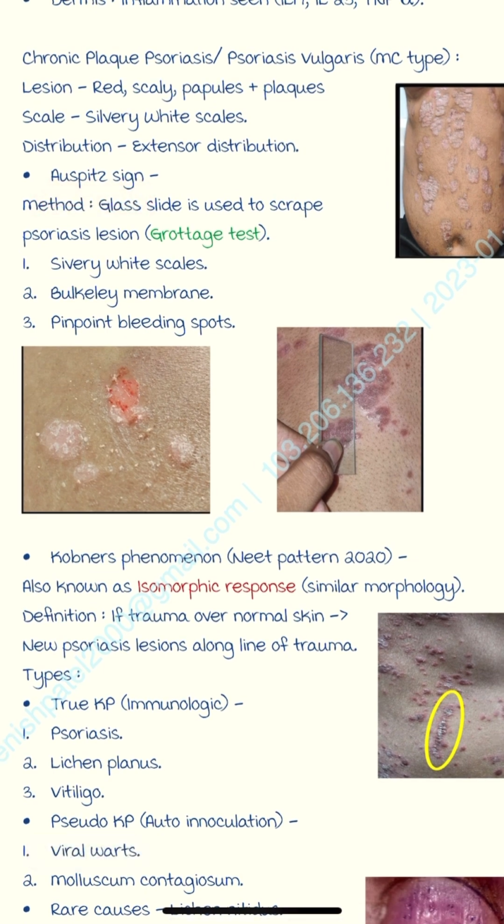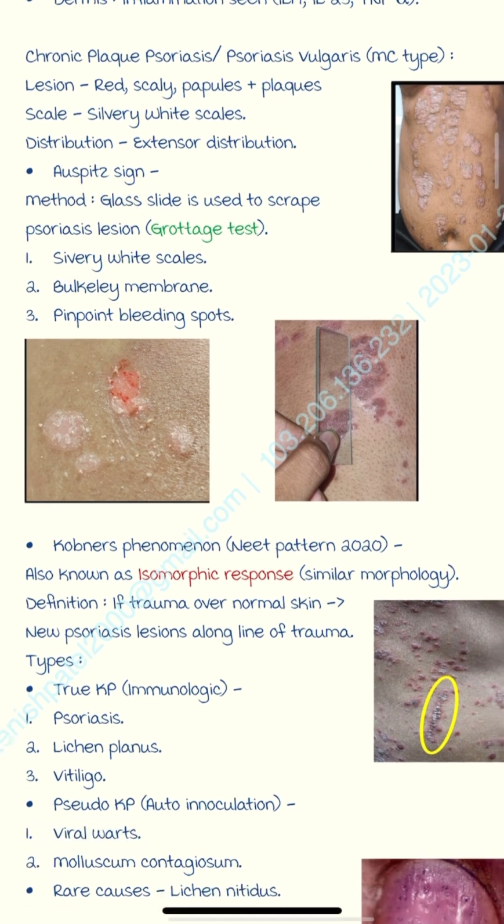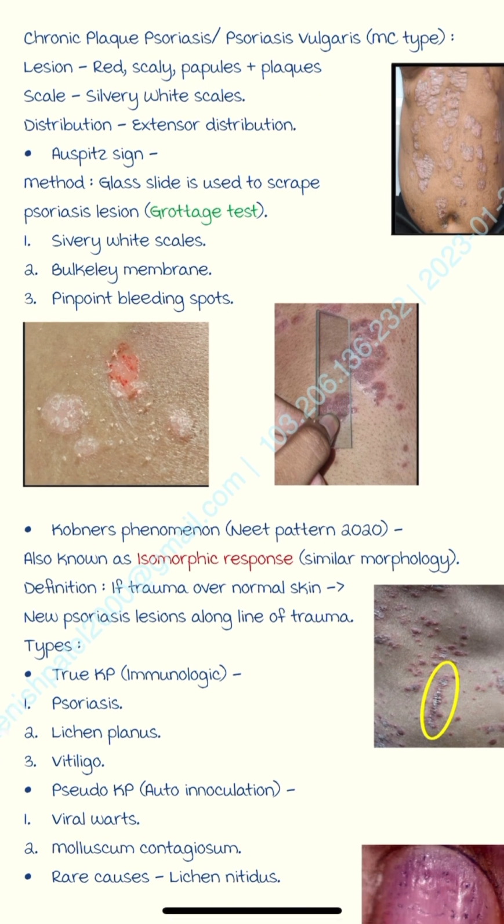Auspitz sign is seen here. Let us see how this is performed. A glass slide is used to scrape the psoriasis lesion. It is the Grattage test. Here, silvery white scales, bulky membrane, and pinpoint bleeding spots are seen.